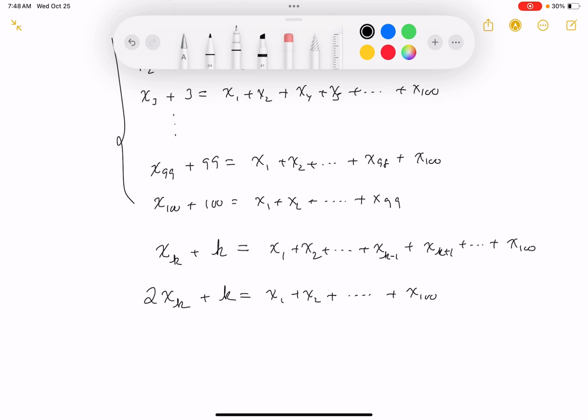So what I'm going to do over here is write that down. So 2xk plus k is just the sum of those terms, starting at 1 and going up to 100. It's a general statement, by the way.